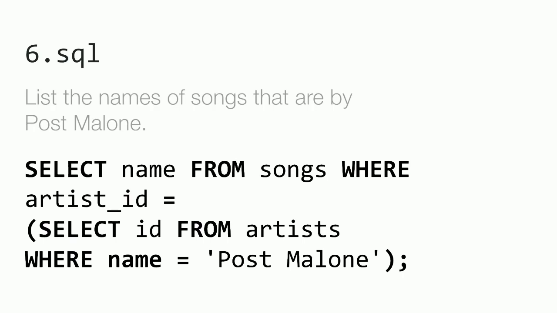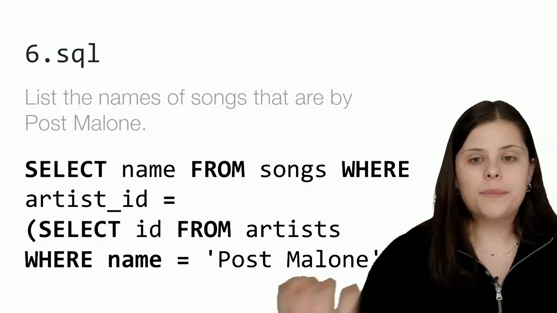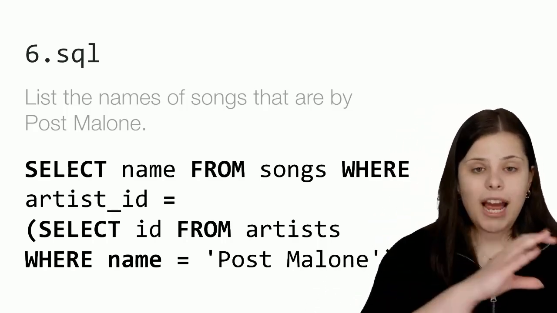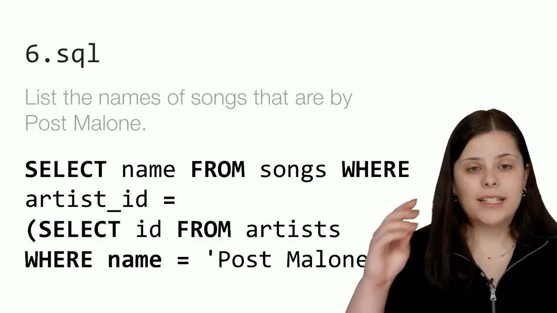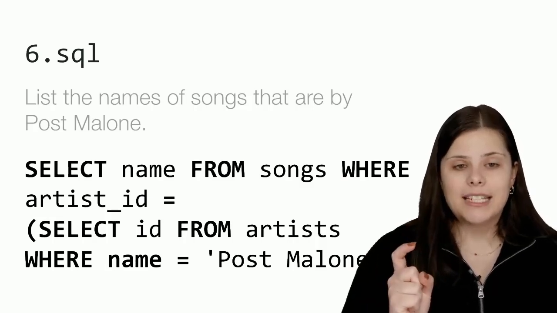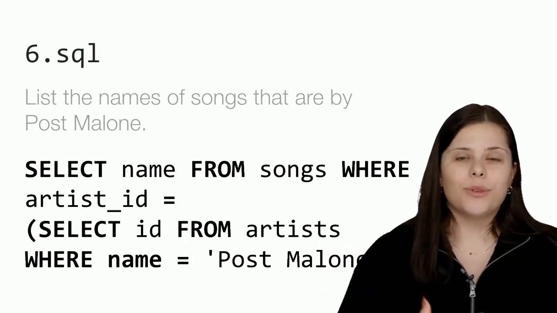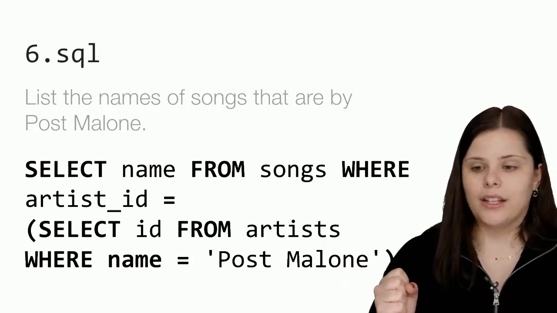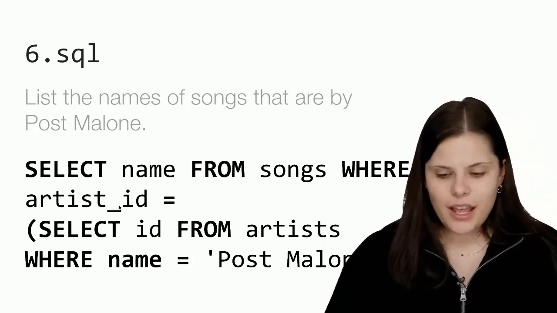The nested select query will return us some number, for example, like 22. And then the outer query will run select name from songs where artist ID is equal to the specific ID. We as humans don't see those numbers, but that is the sequence of operations going on under the hood. Okay.